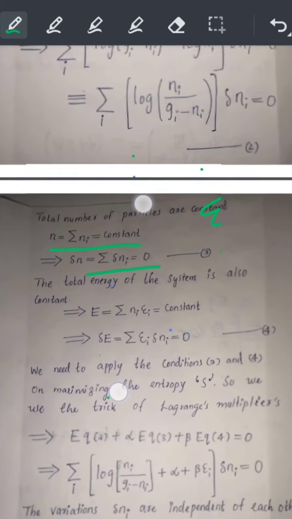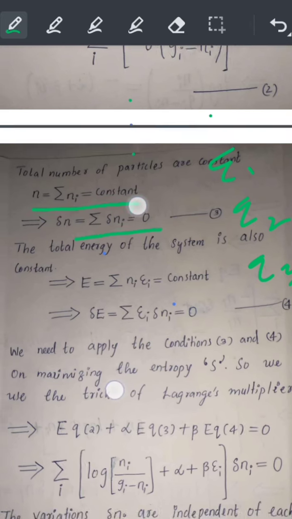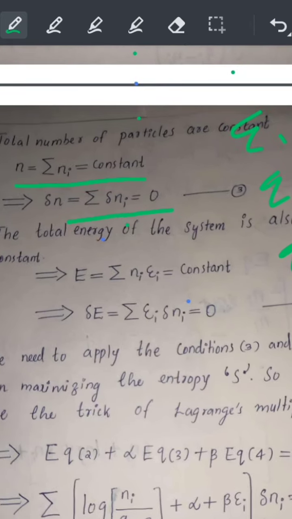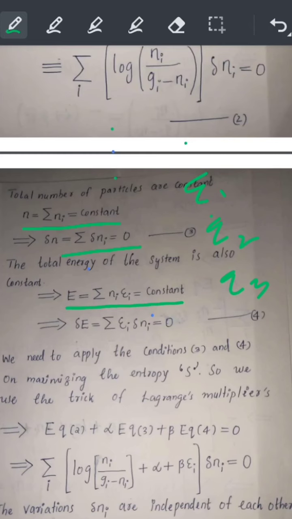And also the total energy of the system is conserved. So you can write the total energy E as a constant. Suppose you have n1 particles in this E1 energy level and n2 particles in this E2 energy level and n3 particles in this E3 energy level.